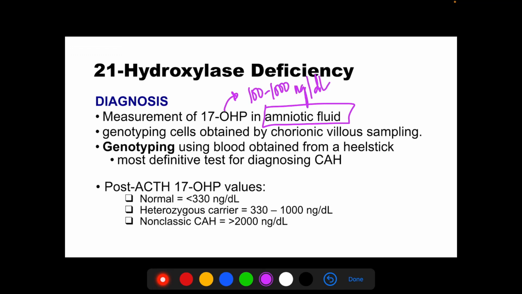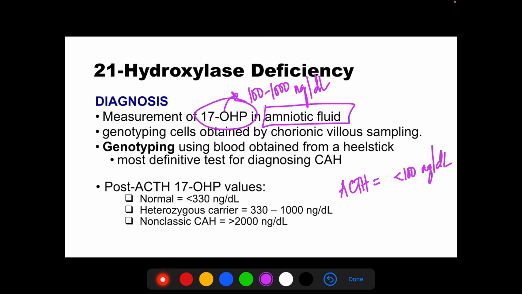And also the ACTH value will be maintained at below 100 nanograms per dL. So that prevents shunting towards the testosterone synthesis, and of course normalizing the levels of androstenedione and also the testosterone.